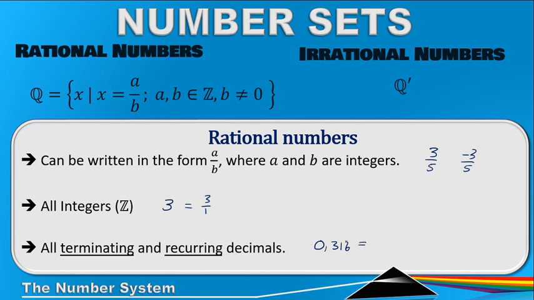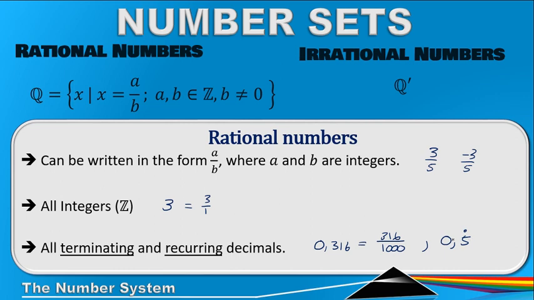I can say that this is a rational number because I can write it as 316 over 1,000, so it's an integer over an integer. The other definition is recurring. Recurring means if I've got 0,5, for example, where the 5 recurs, 0,5555. We're going to see in a later section how to write that as a fraction.